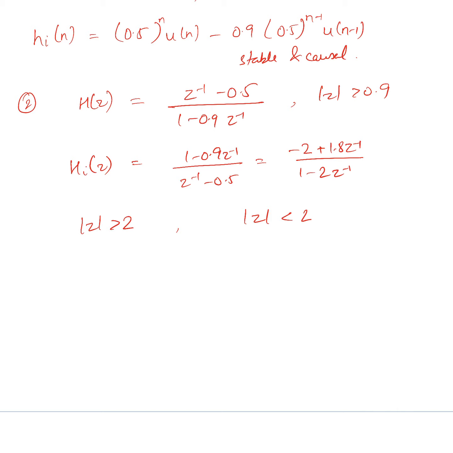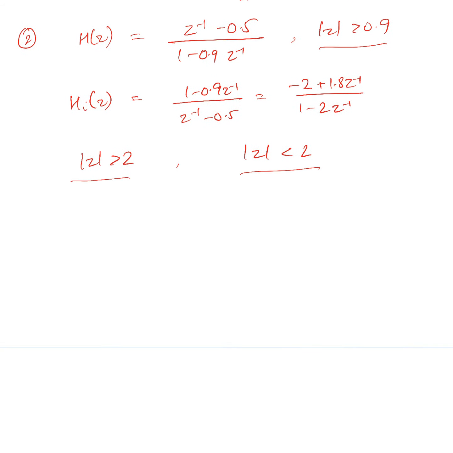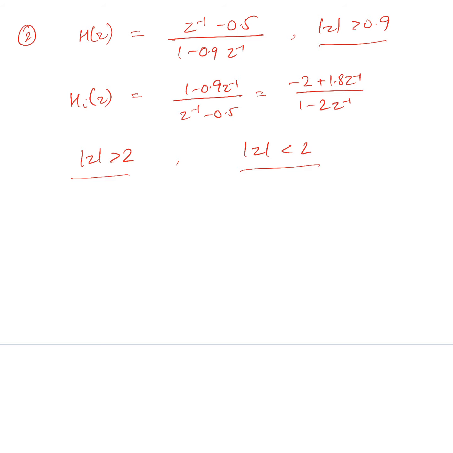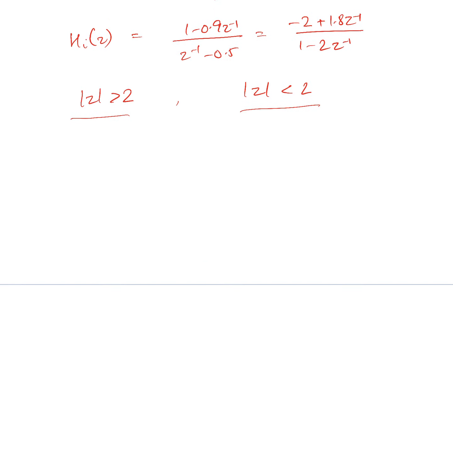Now the interesting thing here is that both the ROCs overlap with the ROC mod z greater than 0.9. Let's see what the properties are, in terms of stability and causality of this inverse system, with respect to these two ROCs.